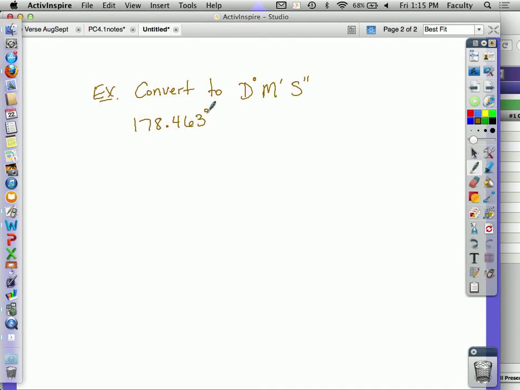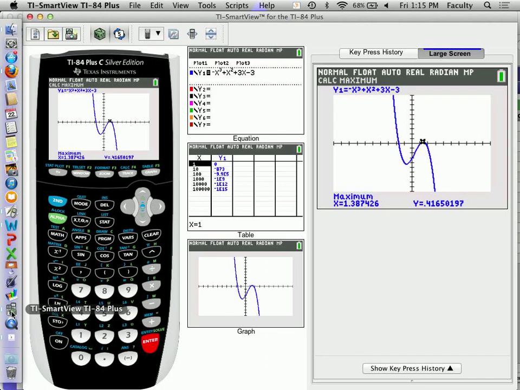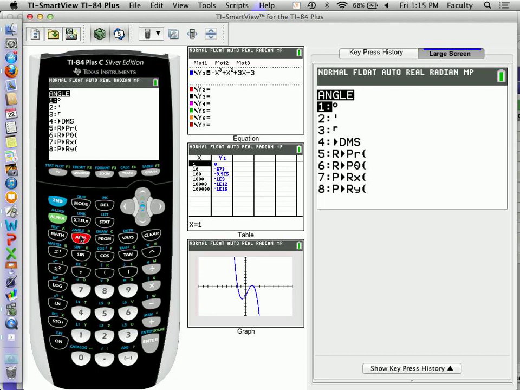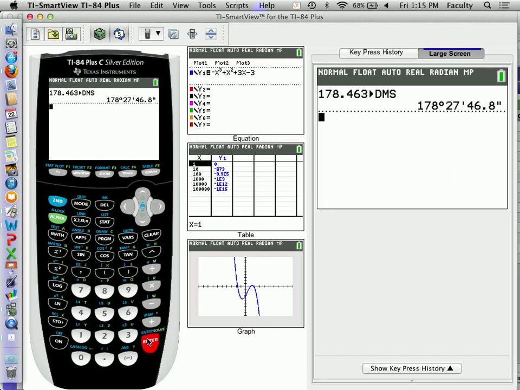So take out your calculators. If I would do 178.463, and then do you see under the apps key it says angle? Do second angle. Number 4 is going to take it for you and convert it to degrees, minutes, and seconds.